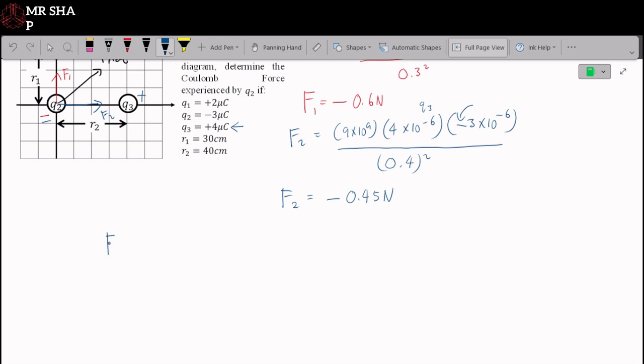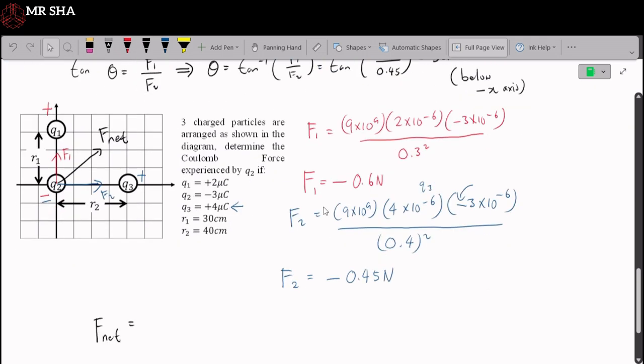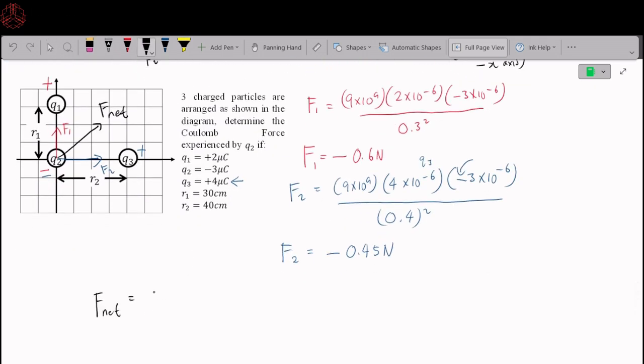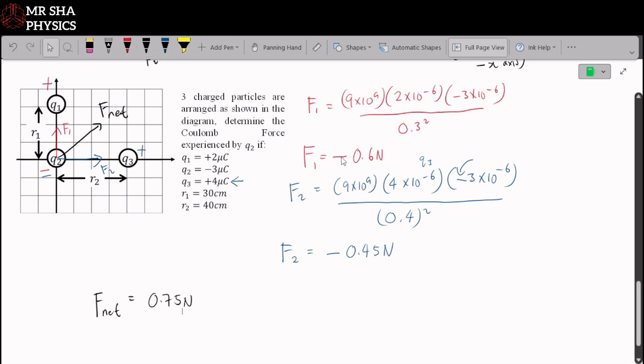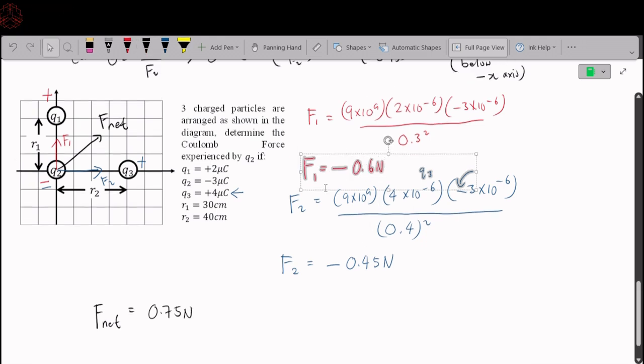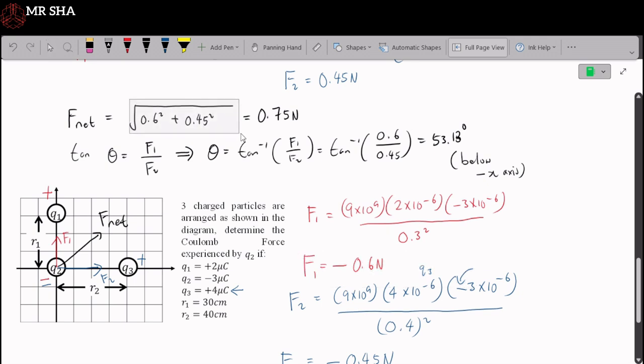But because we have drawn it out, we know that in this particular case the net force is going to be acting in the first quadrant, or the vector is going to be in the first quadrant. So when we calculate the angle, the angle is going to be coming from above the positive x-axis, and we will write that down.